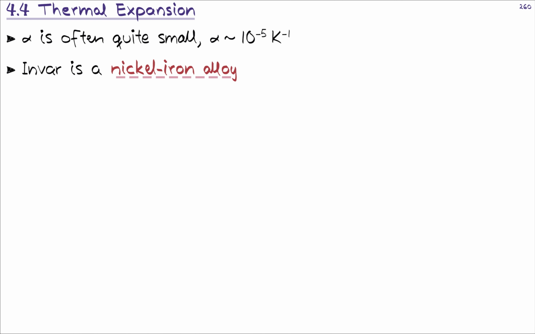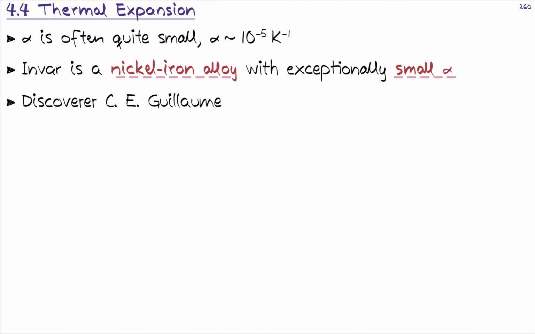But of course, when we go beyond in the treatment, we would realize that alpha is actually not just a linear parameter. In practice, it's often quite small, of the order of 10 to the power of minus 5, 1 over kelvins. And this material INVAR, a nickel iron-based alloy, has an exceptionally small alpha value.